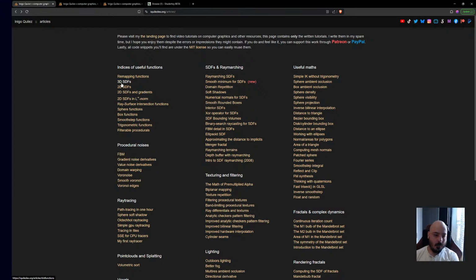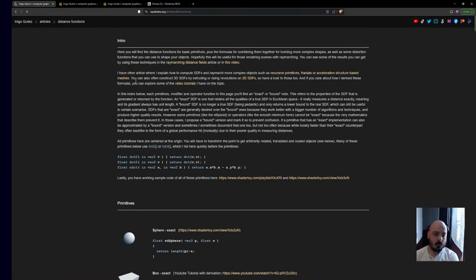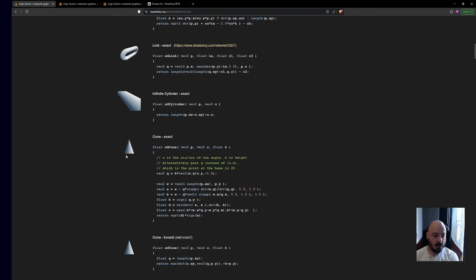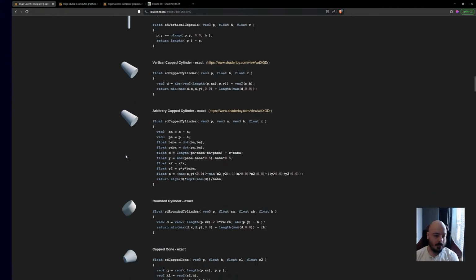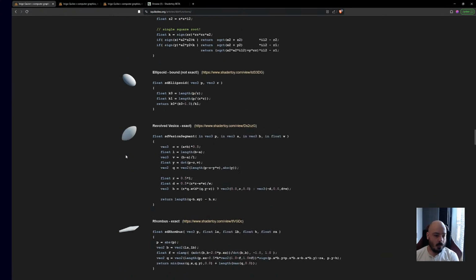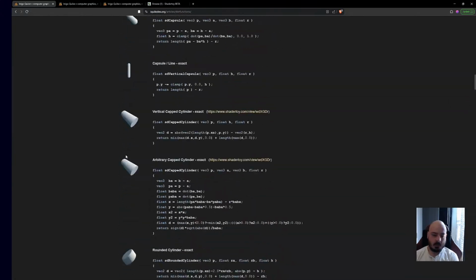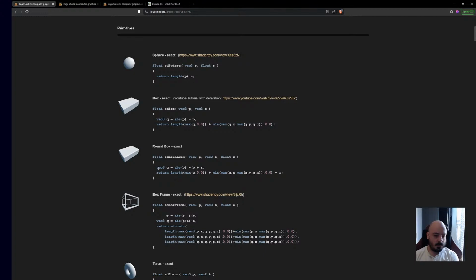So, the thing I was going to look at is 3D SDFs. We got a box. Box is the same thing as a cube, I guess. So this gives us the function. Emilio says, thanks for mentioning the website.